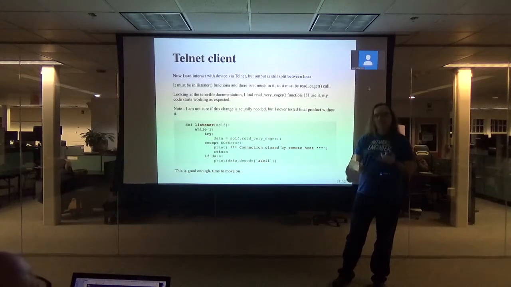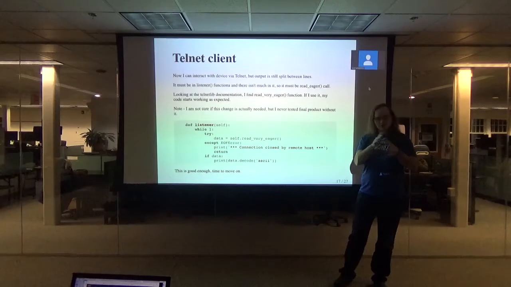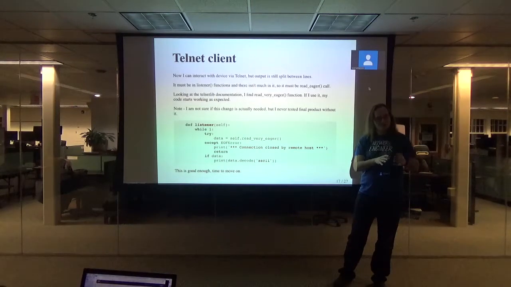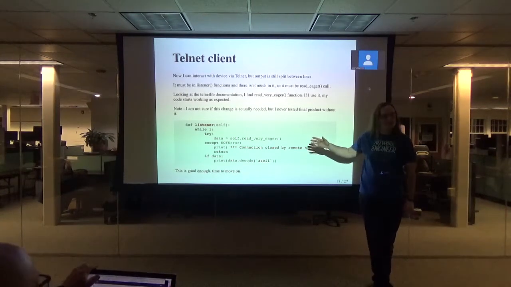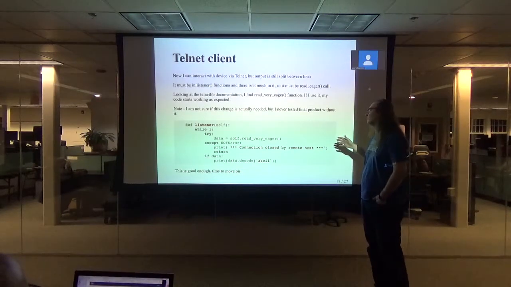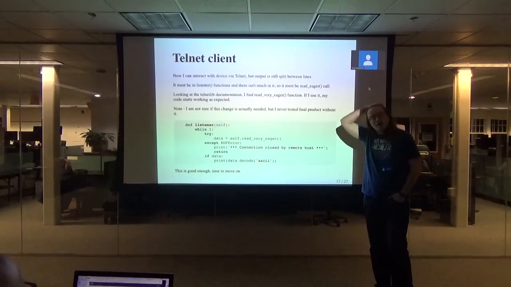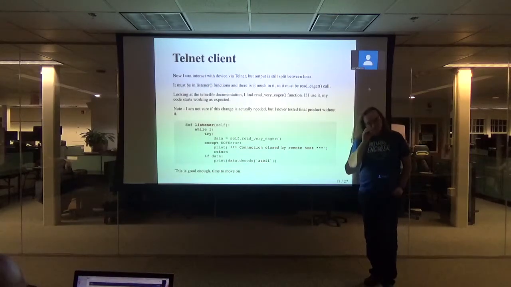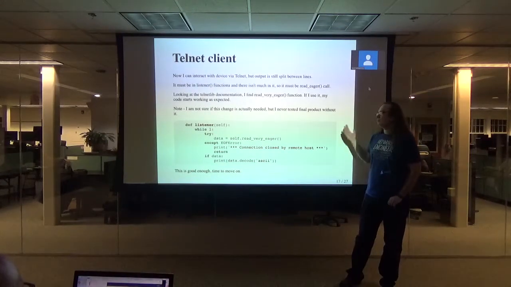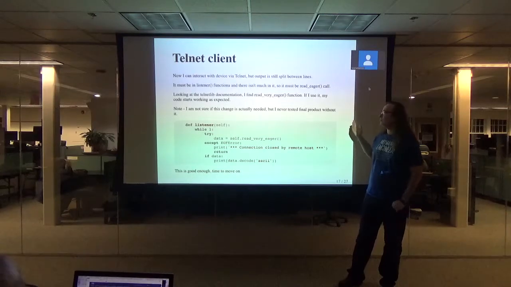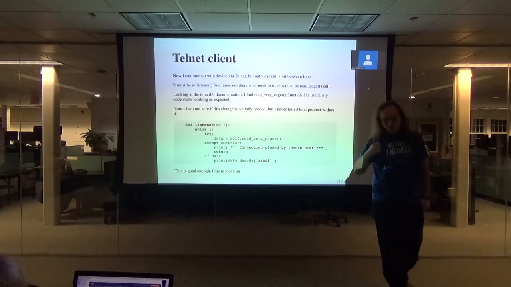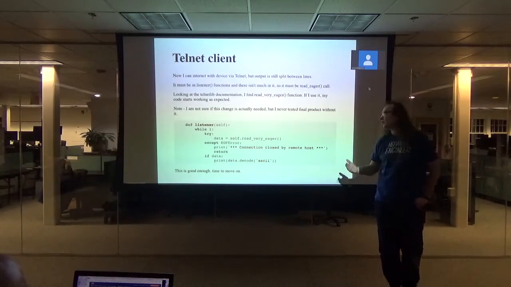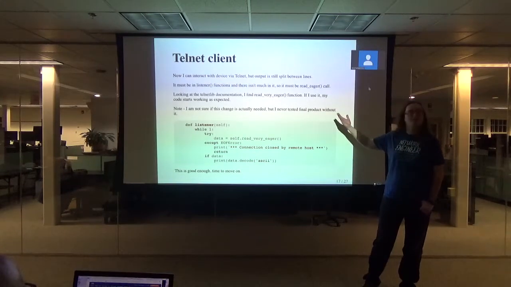The only other problem: remember how the second iteration of show run was broken up into pieces? It still looks exactly that way when I interact with it. I wasn't sure whether it was going to be a problem or not, but I decided to look around at what else is there. Again, I went back to the Telnet library documentation and saw that there are different read methods.